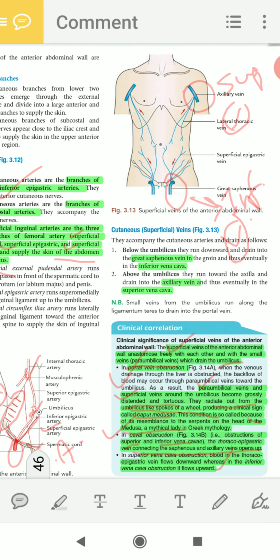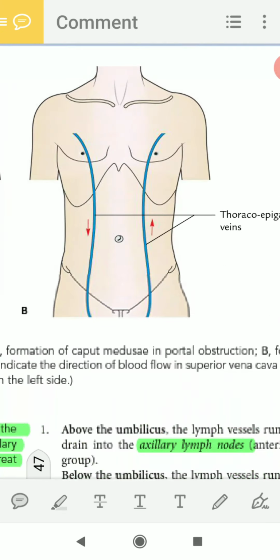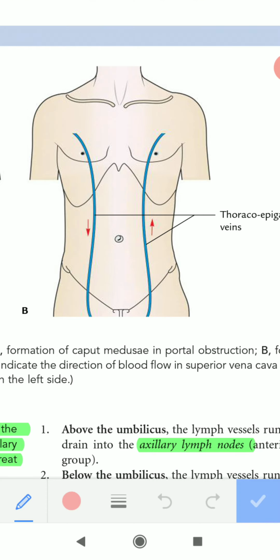That means if there is an obstruction in the superior vena cava, the blood flow goes in the downward direction, and if there is any obstruction of the inferior vena cava, the blood flow goes in the upward direction.